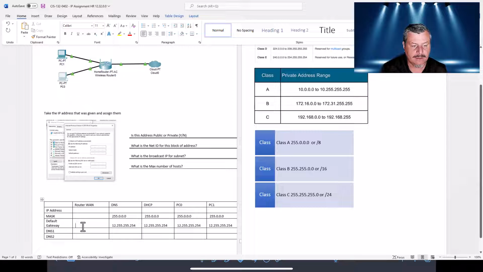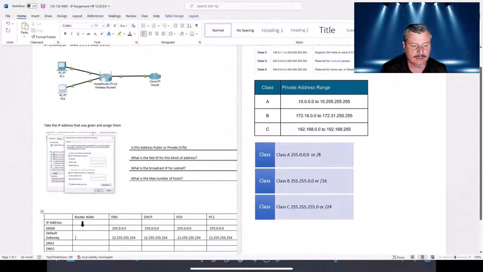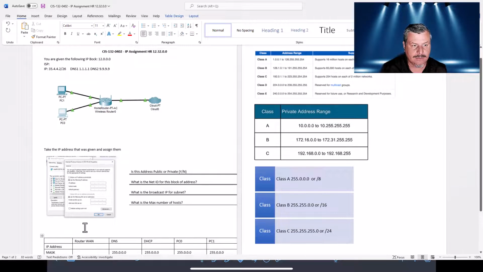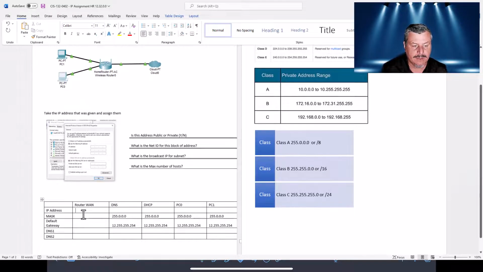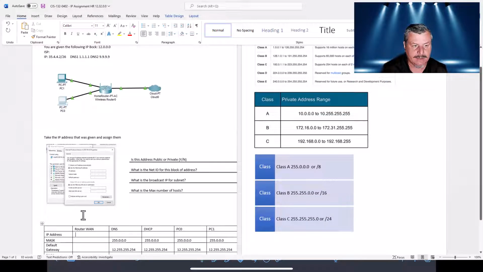Technically we're not given the IP address of the default gateway here, but we can think of that as the internal IP. So this is the WAN interface, and we're going to say this would be 35.4.4.2.